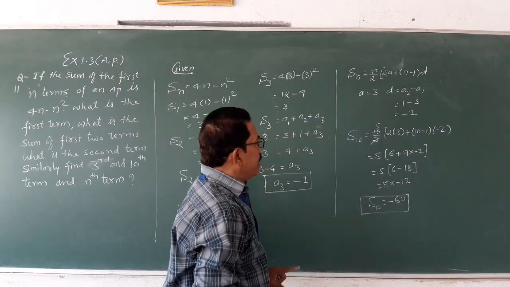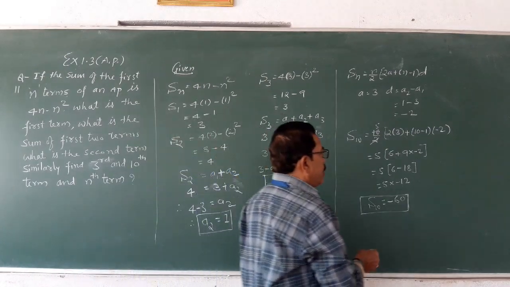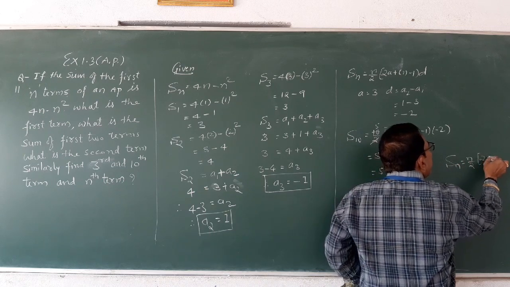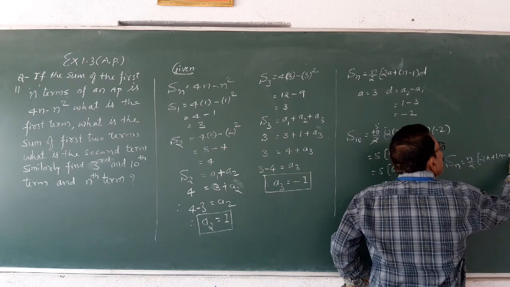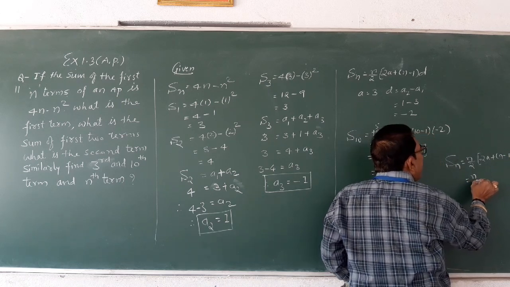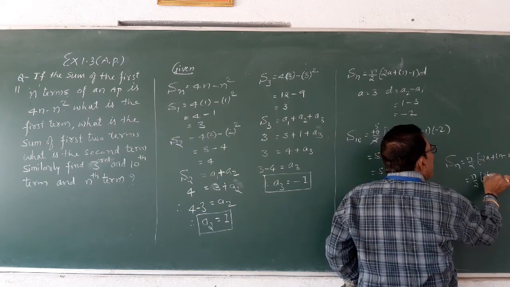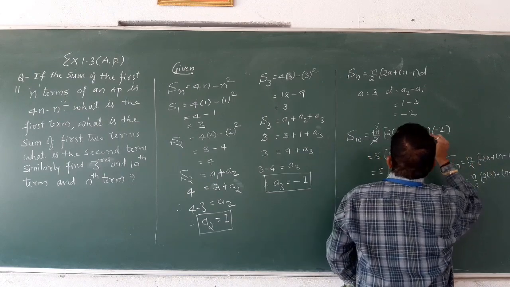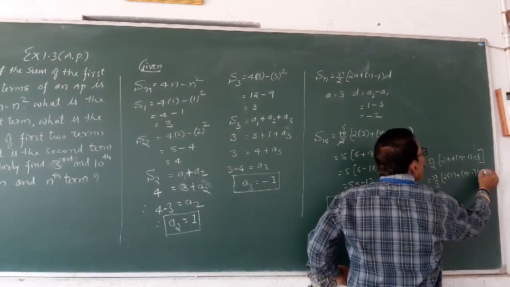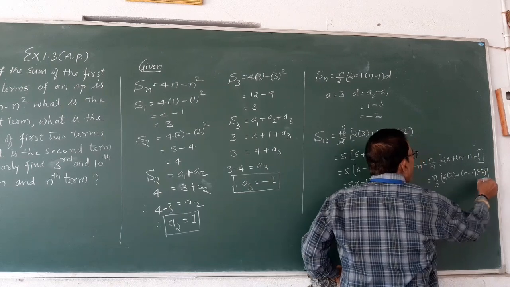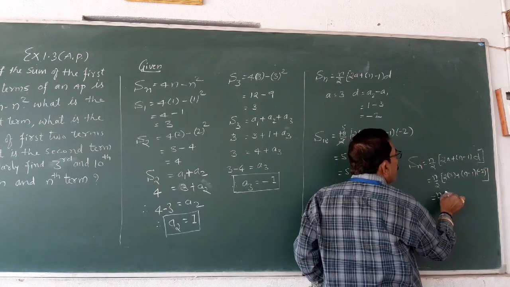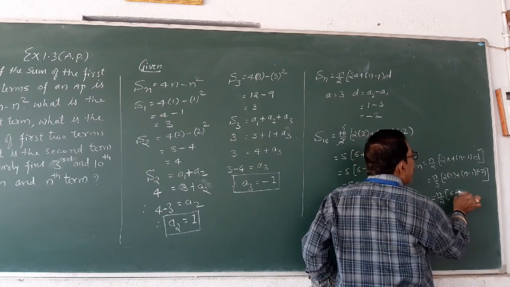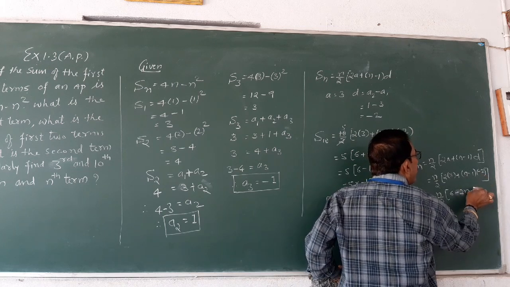Then we need to find the nth term also. Let us find Sn equals n by 2 in the big bracket 2a plus n minus 1 into d. That is 2 into 3 plus n minus 1 into d. D we got minus 2. So n by 2 in the big bracket 2 3s are 6 plus minus 2n, minus into minus plus 2.